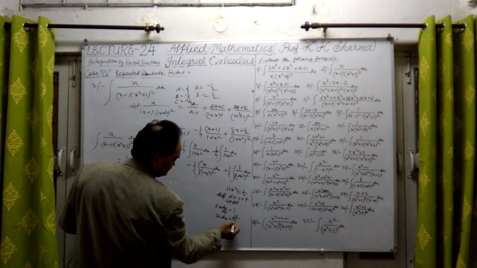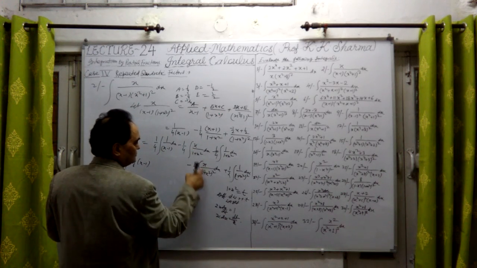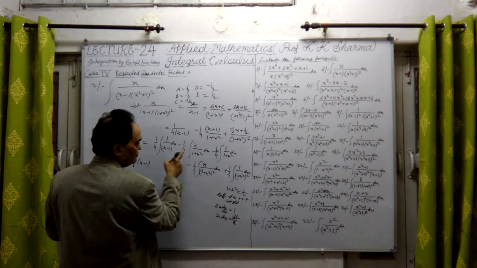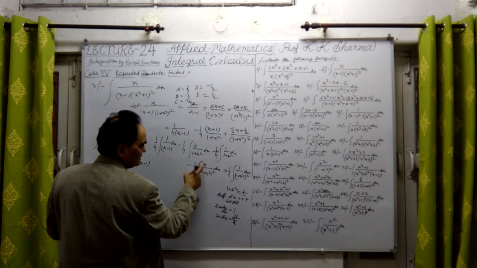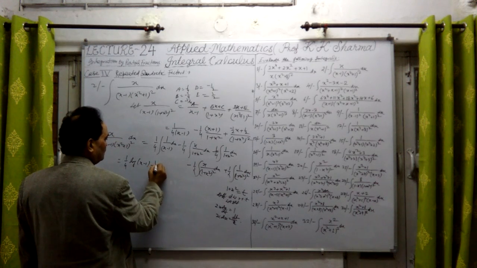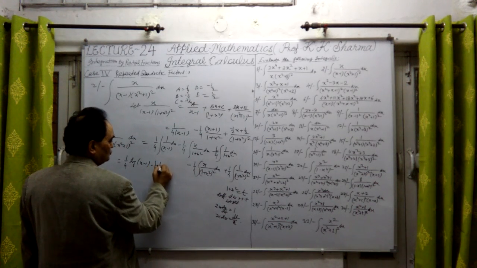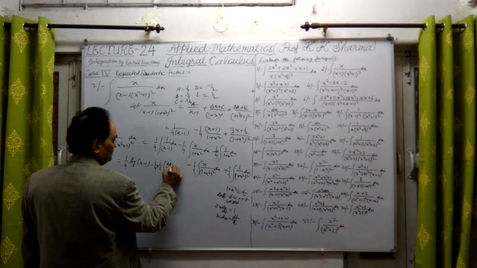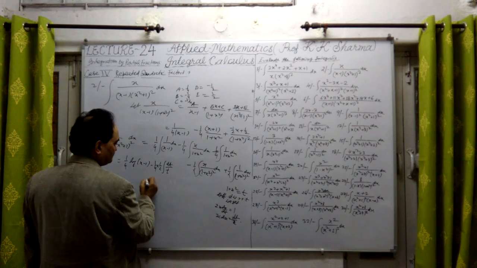Substituting this in these two equations where x is appearing in denominator, x dx equal to dt upon 2, it will be this one minus 1.4 into 1.2 into dt upon t, first one.